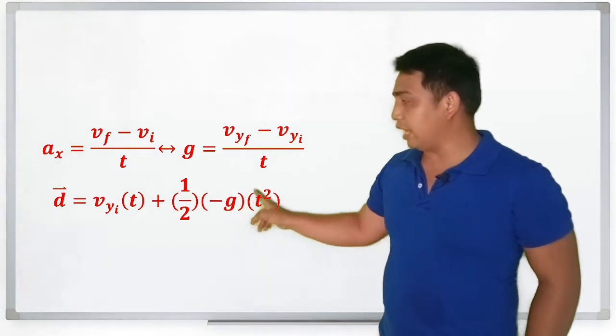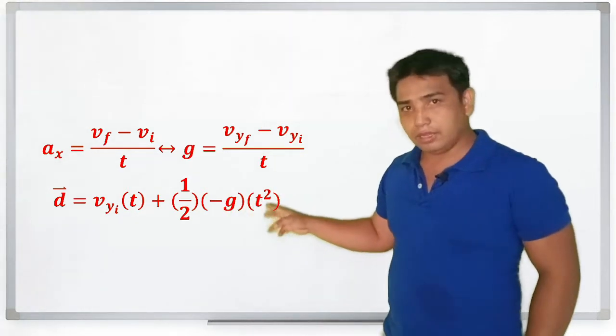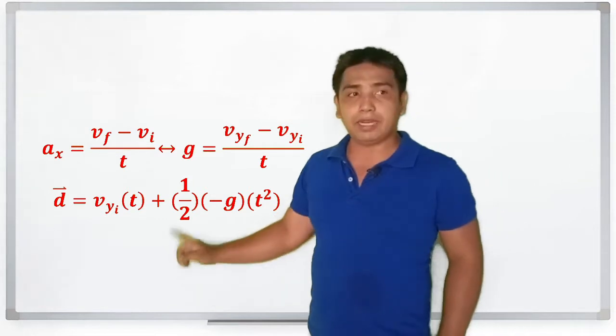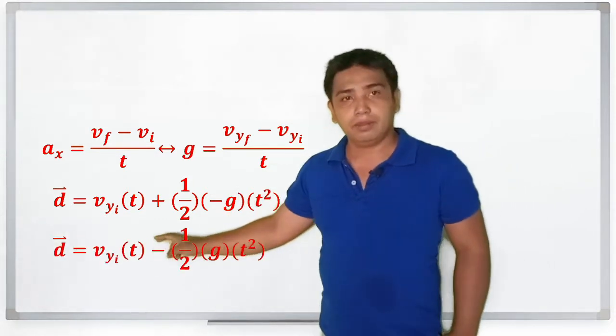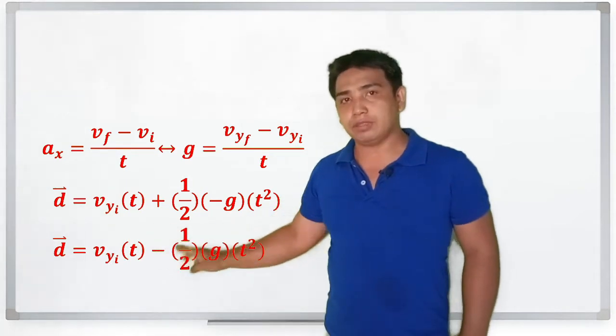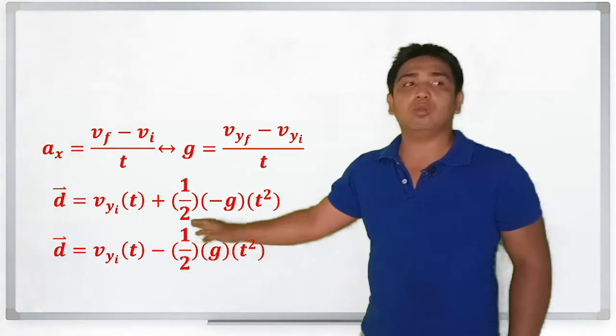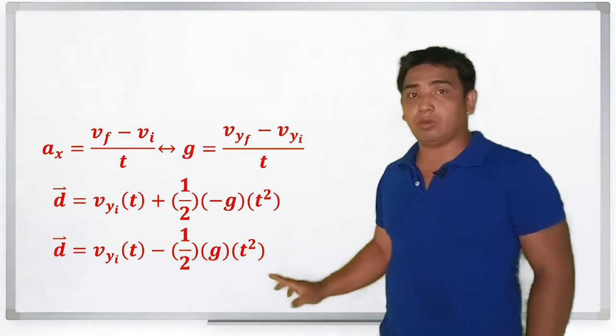Simplifying, positive times negative is negative, so displacement equals vyi times time minus 1/2 g t squared.